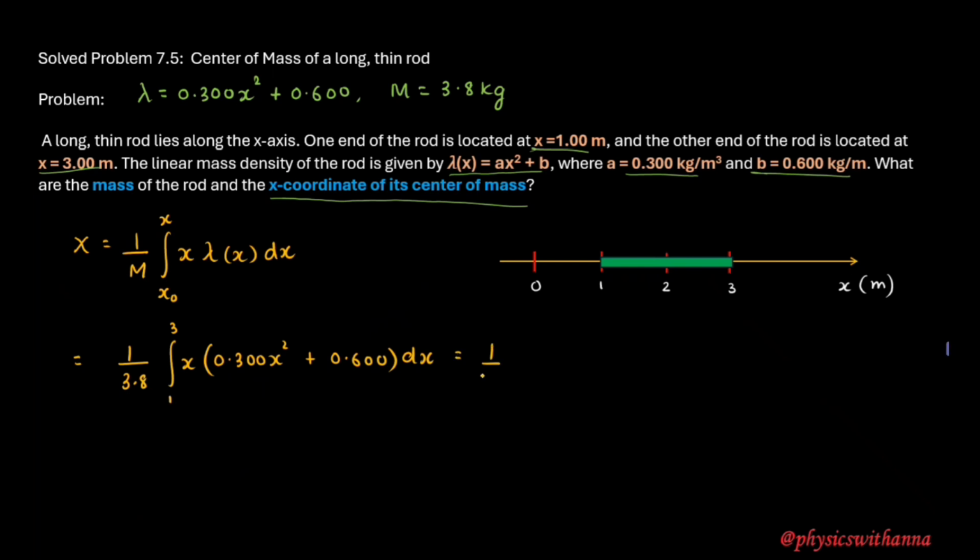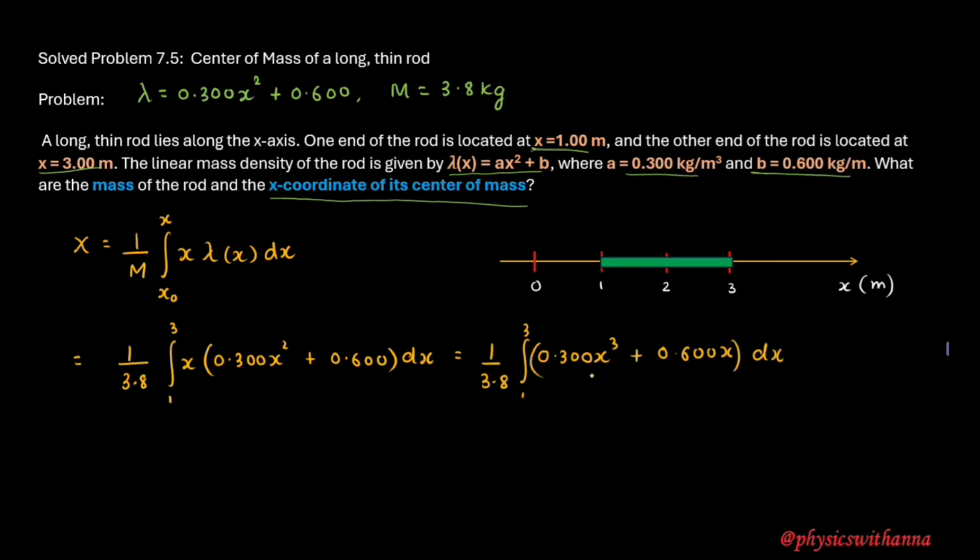The first thing we are going to do is multiply this x with the terms inside before we integrate. So we get the integral from 1 to 3 of x times x squared, which is x cubed, so 0.3 x cubed, plus x times 0.6, which is 0.6 x. Then we integrate this.